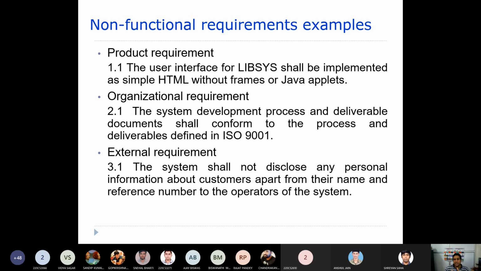But in this case, the requirement itself is this. The user is saying that we want this sort of interface. Any requirements that are related to the design can be part of your design specification. Is it clear? Yes, sir.